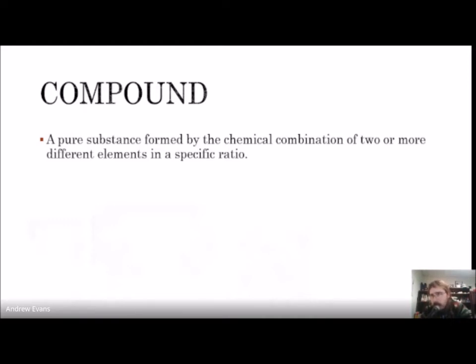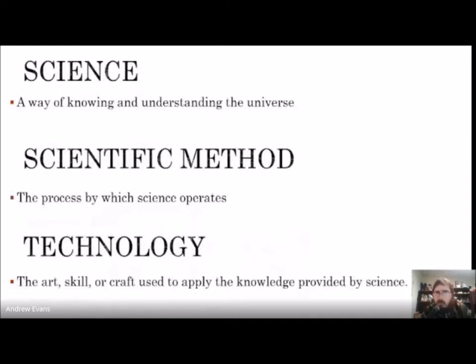If I have water, that's going to contain 2 grams of hydrogen for every 16 grams of oxygen. But if we're looking at hydrogen peroxide, that'd be 2 grams for every 32 grams, because we would have double the amount of oxygen. So that'll get us to the final slide, looking at how science fits with everything.